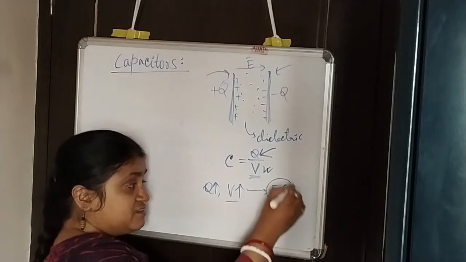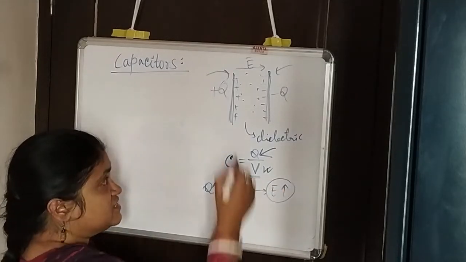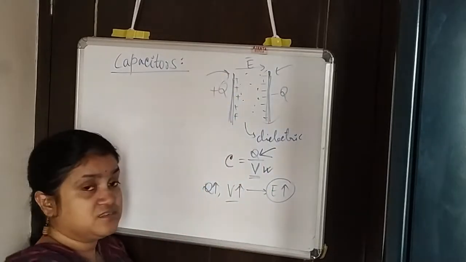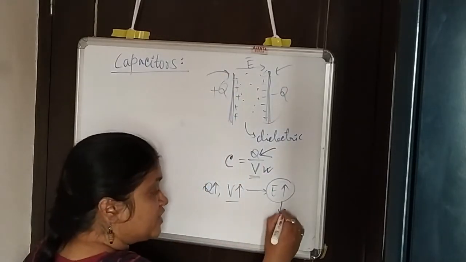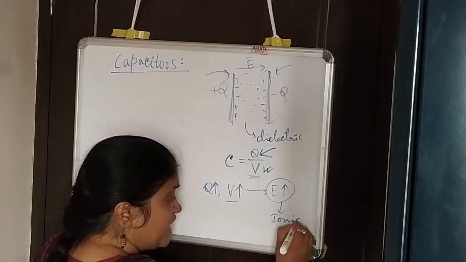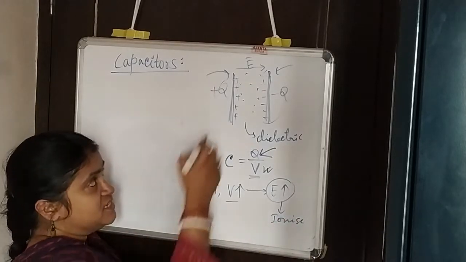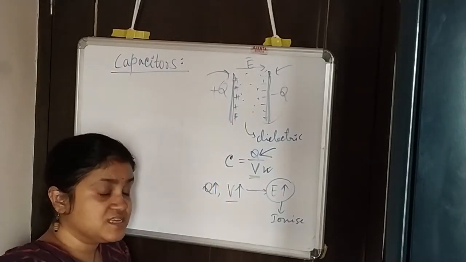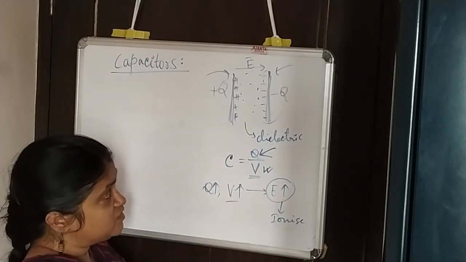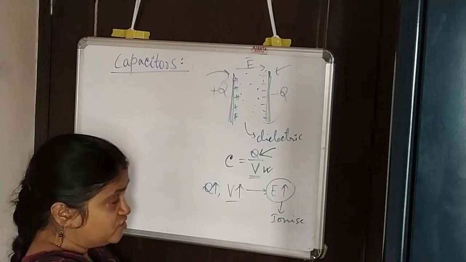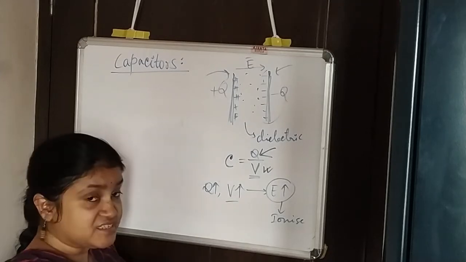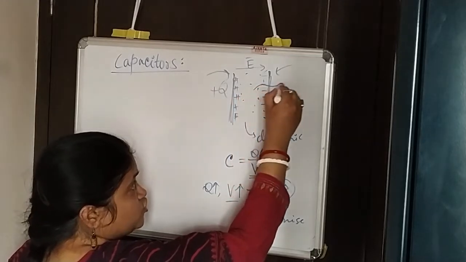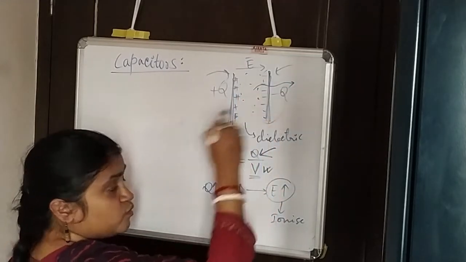And if this electric field starts to increase, the surrounding media of this capacitor would start to ionize. As the media starts to ionize, these charges generally get neutralized, and also there are extra amount of charge, and these charges start to leak from this boundary.